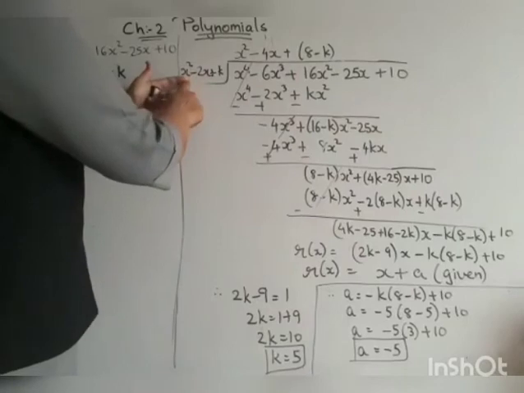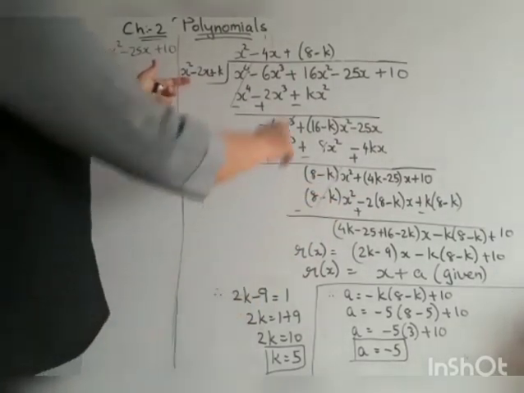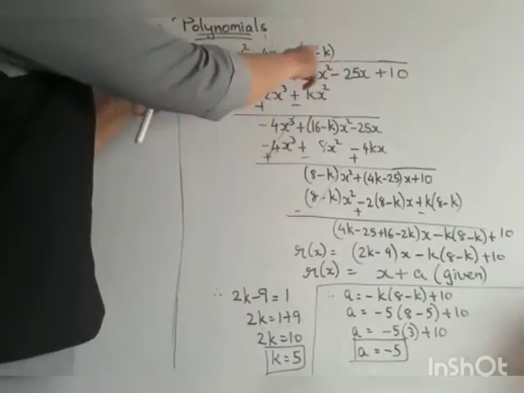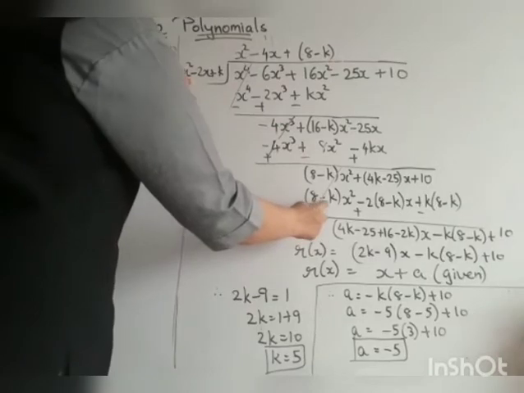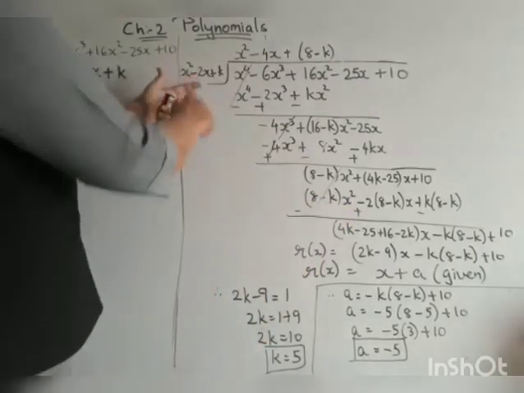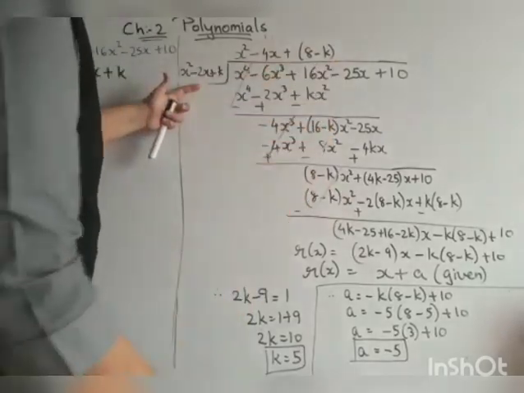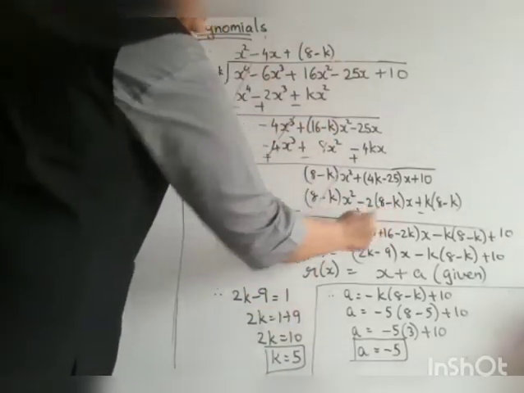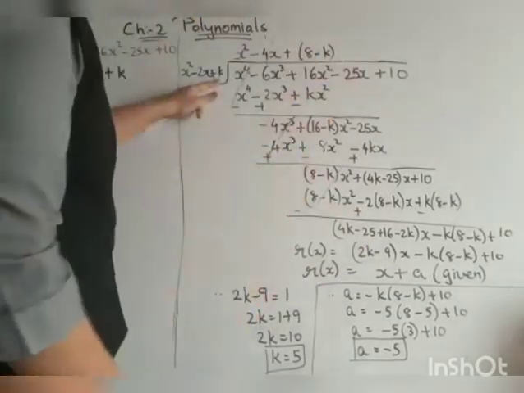Now x square is there and we want 8 minus k x square, so we will multiply by 8 minus k. Multiplying by 8 minus k, what will you get? You will get 8 minus k x square. Further you can see minus plus minus 2x into 8 minus k, that means 2x into bracket 8 minus k, plus k into bracket 8 minus k.